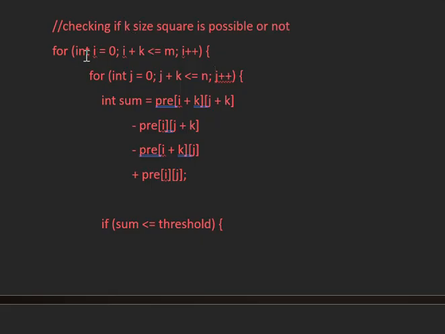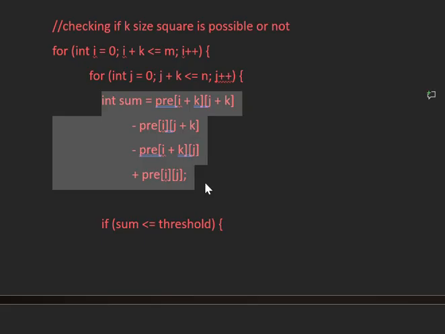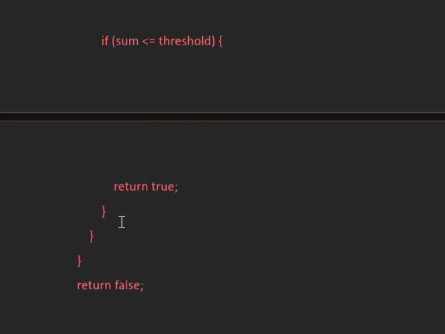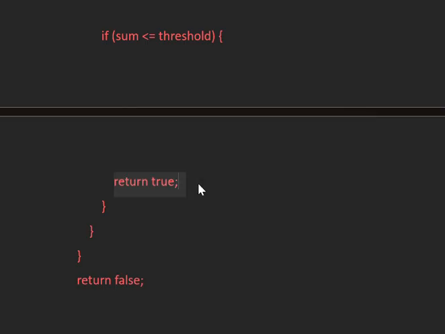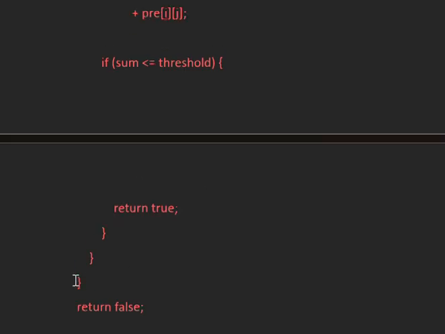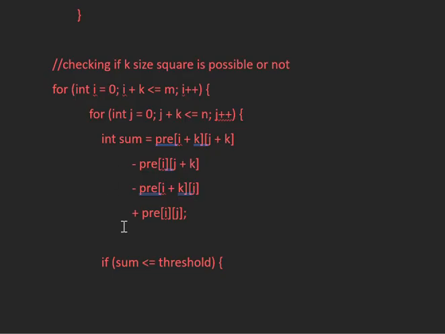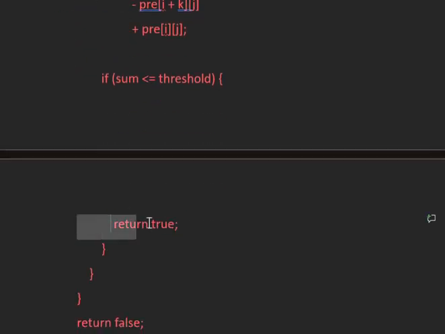For this, we use two loops and find the sum of the square, and if the sum is less than or equal to the threshold, it means it is possible, then we return true. And if after checking all the points we don't get a single square, then in that case we return false.